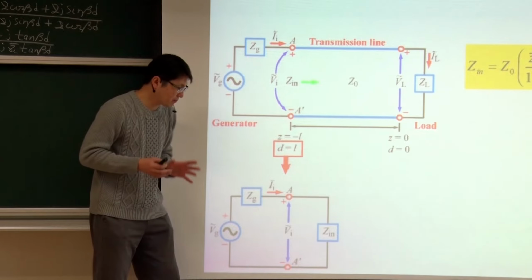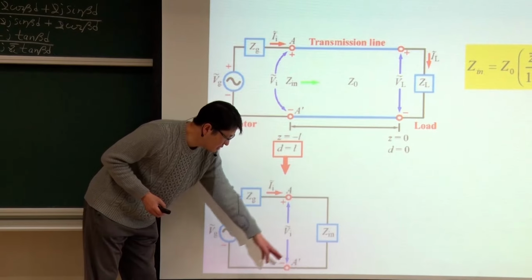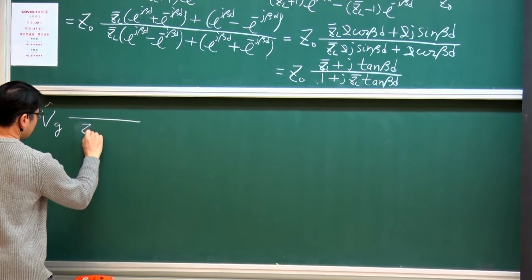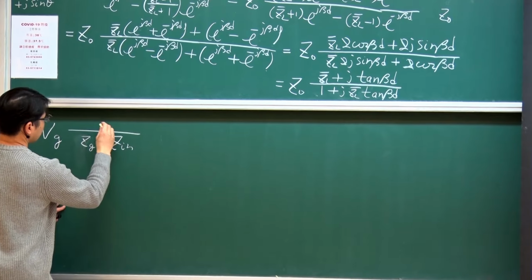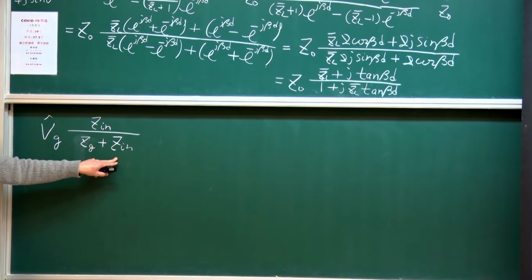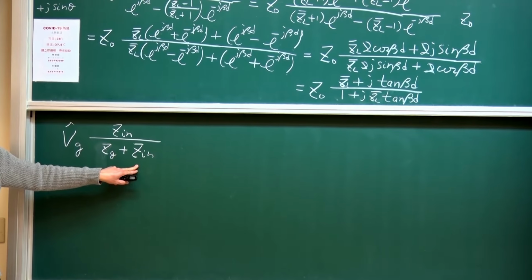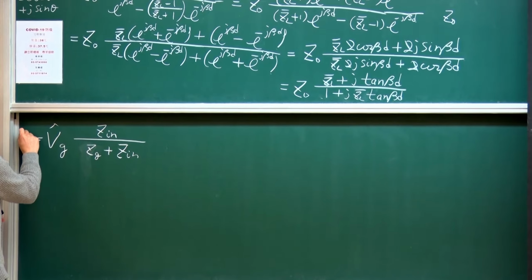So the voltage distributed over this input impedance is Zg plus Zin, and then it's proportional to how big my input impedance is, right? So this is my Vin.